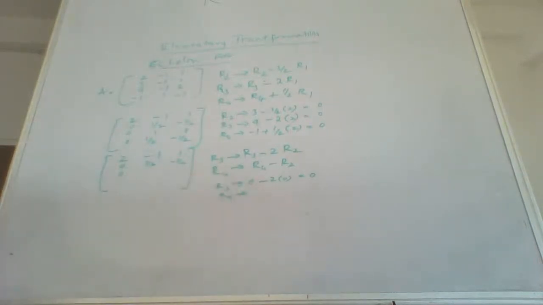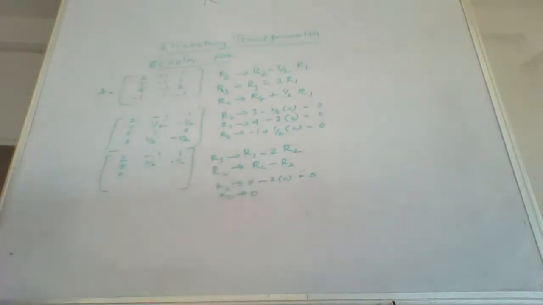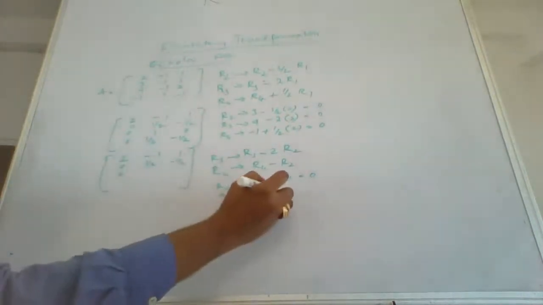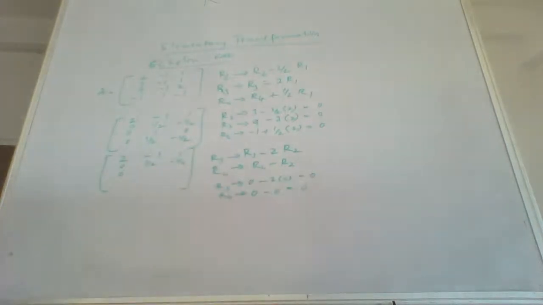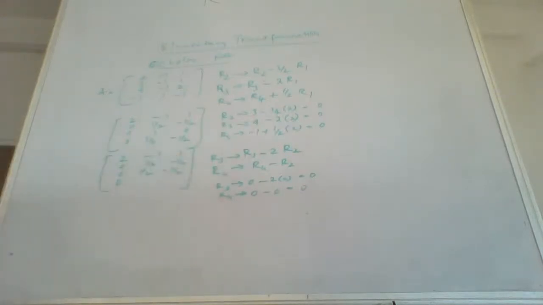R4 here is also 0 minus R2, which is also 0. So that results in 0. So this is 1 by 2. And again here I'll get minus 1 by 2. Or if I try to further simplify, I get 0.